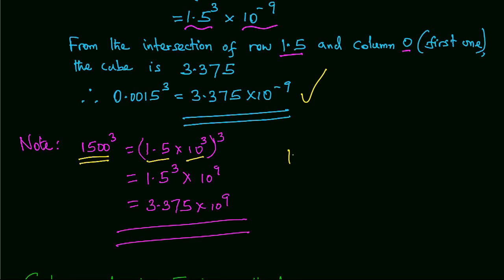So 10 power 3 cubed is 10 power 3 times 10 power 3 times 10 power 3, and this is 10 power 9. We have seen that from the tables, the cube of 1.5 is 3.375. That multiplied by 10 power 9 becomes the cube of 1500 to 4 significant figures.